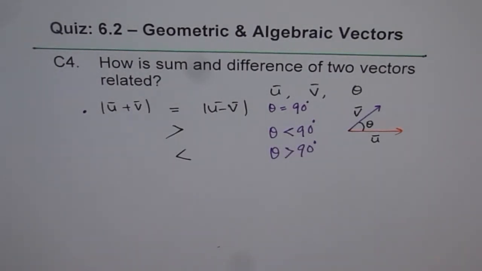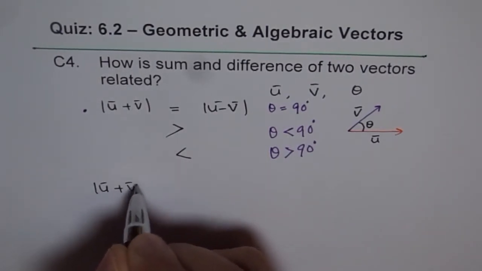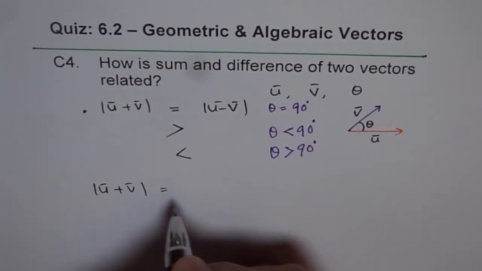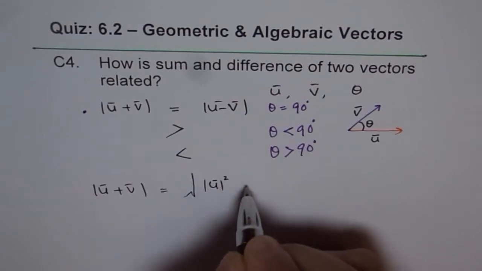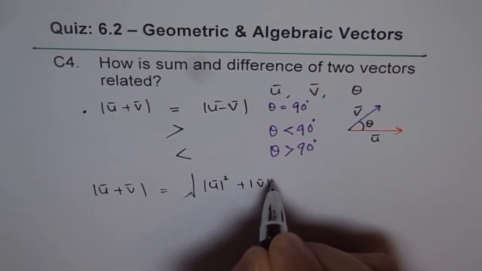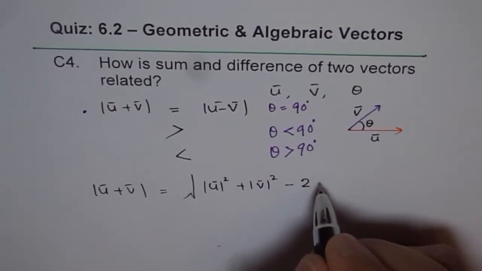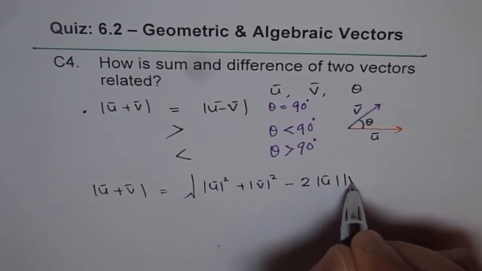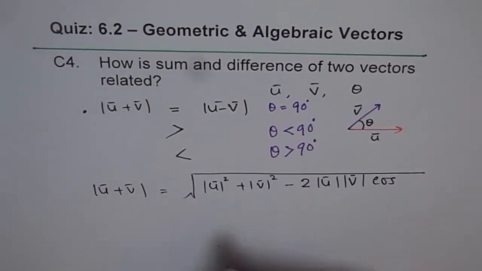The other way is you can find the answer algebraically. How are sum and difference related? In general, we know the magnitude of the sum of two vectors, if the angle between them is theta, is u square plus v square minus 2 u v cos of what? Write that down.